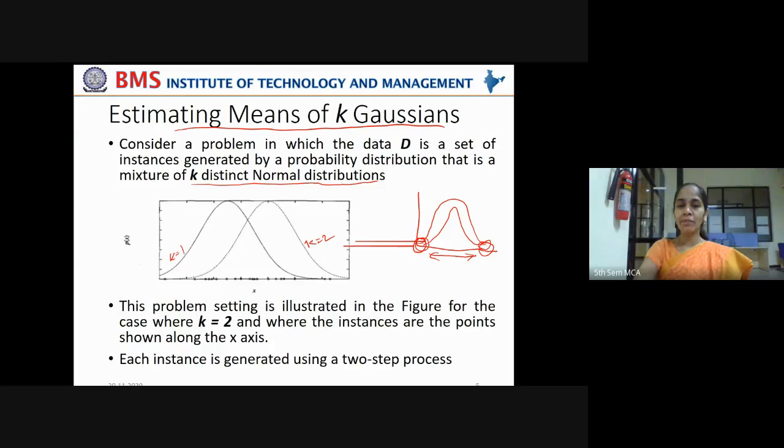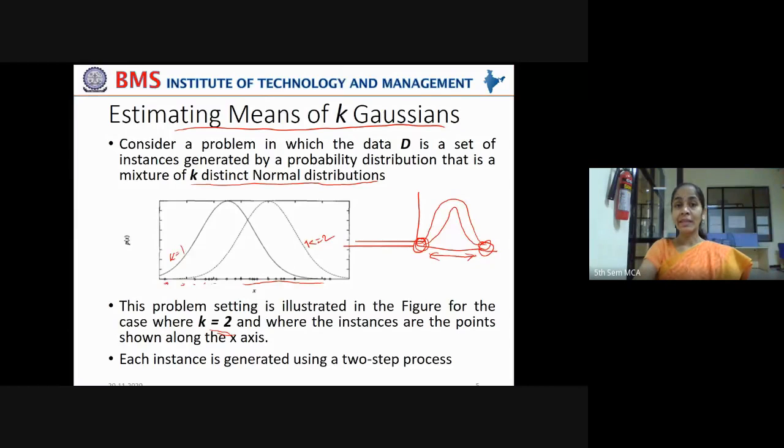We are taking an example. Now this problem setting is illustrated in this figure for the case where k equal to 2. Here the number of normal distributions we are considering is 2. That is why k equal to 2 is taken. And the instances are the points shown along the x-axis. So these are the training examples 1, 2, 3, 4, 5. All these points along the x-axis are the training examples having normal distribution.